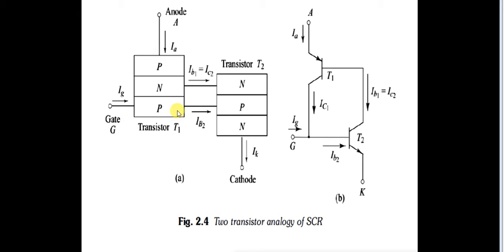This gate, that is the collector, is connected to the base of transistor T2, P type. Transistor T2 is NPN, where N is the emitter, and so on, the connection is made.